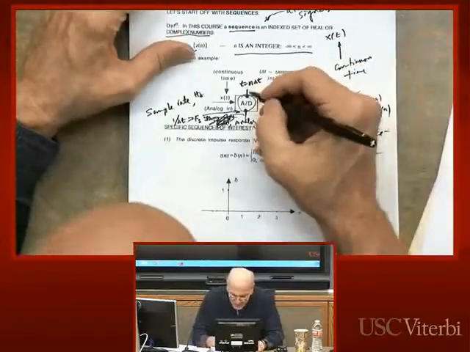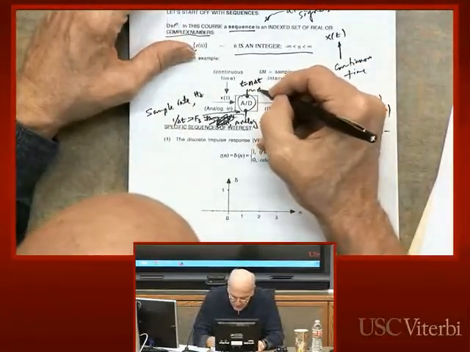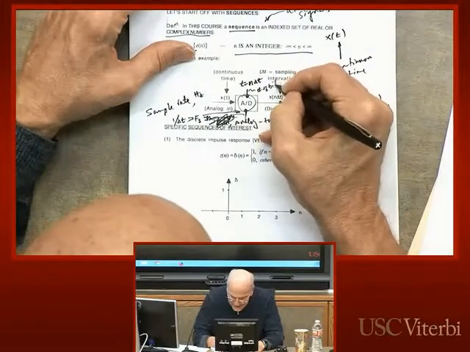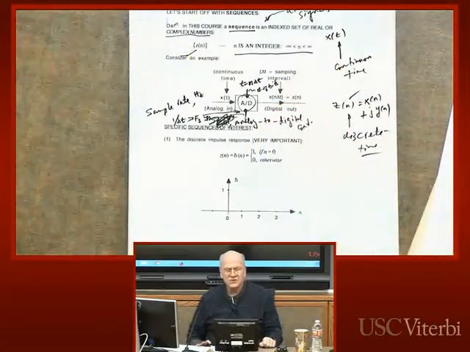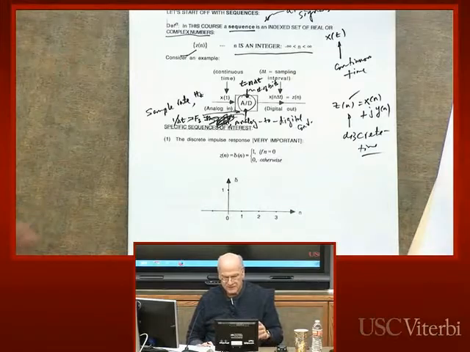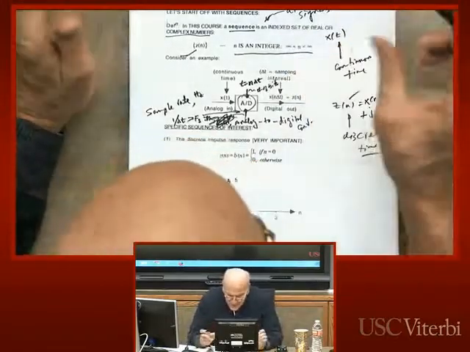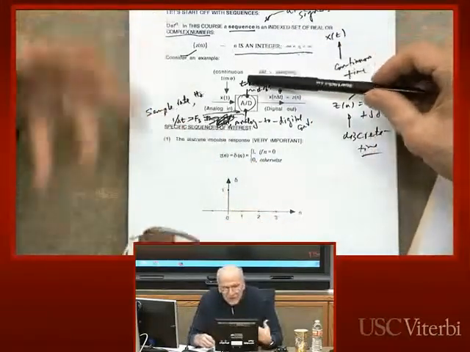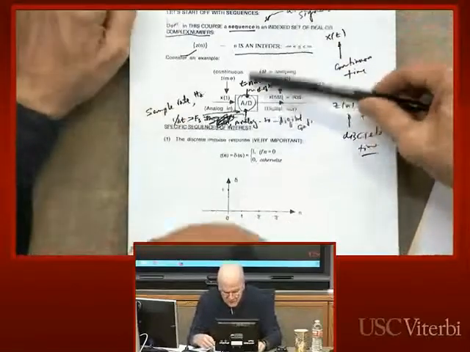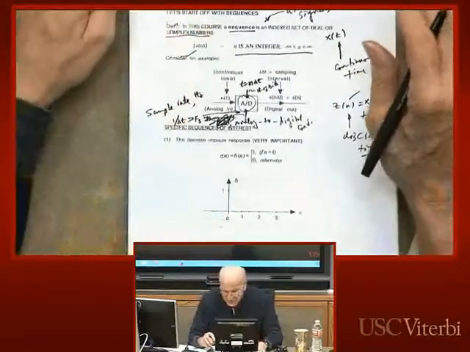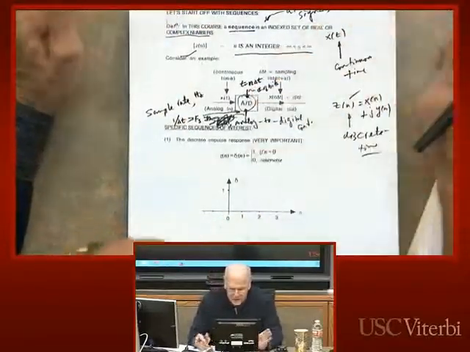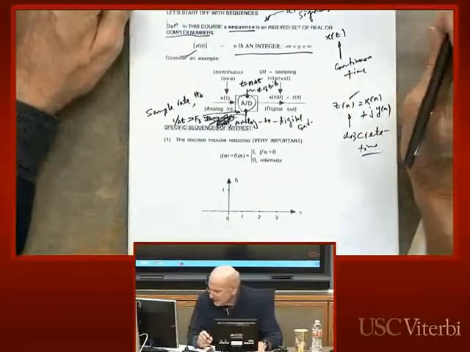The other parameter is the number of bits. Is this an 8-bit A to D converter, 12-bit, 16-bit, etc.? Later in the class, we'll talk about some of these parameters. I have a whole set of lecture notes on A to D converters, so we'll come back to that later.